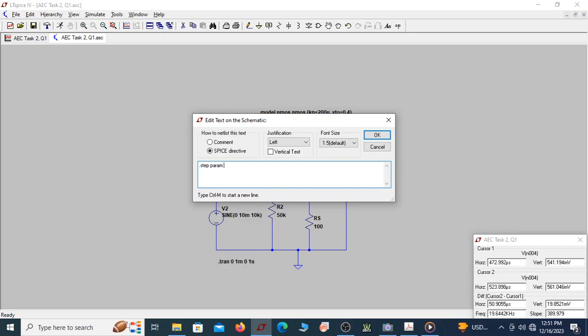We are starting from maybe 0.001 ohm, because my input impedance now is 34.6 kilo ohm, and let us go up to maybe 100k, in steps of maybe, how much is 34.6 by 2? 34.6 divided by 2 is 17.3 kilo ohms. So let me just vary with 17.3 kilo ohm.